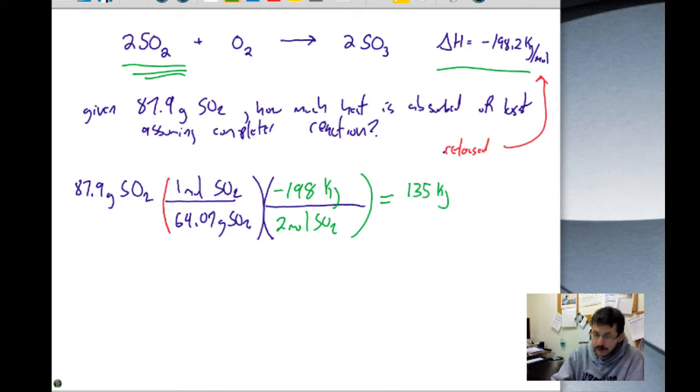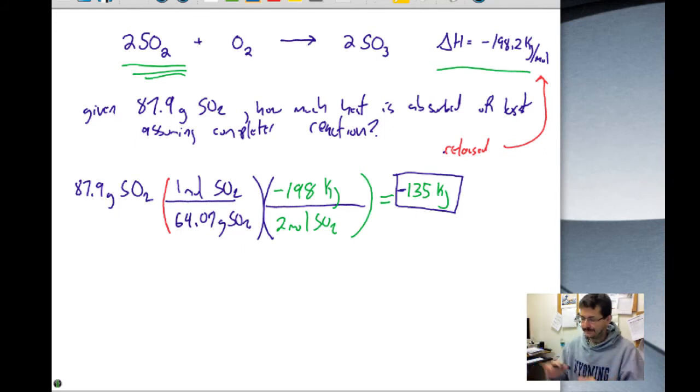135 kilojoules. And for the sake of completeness, we'd say this is negative 135 kilojoules or 135 kilojoules released. You can't have a negative amount released, but I'm not going to deal with semantics. An answer of negative 135 is fine, or 135 kilojoules released.